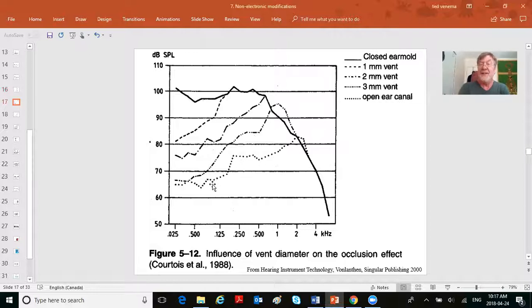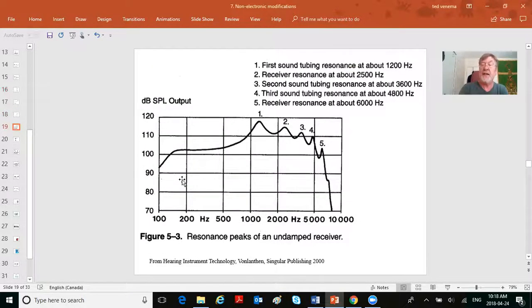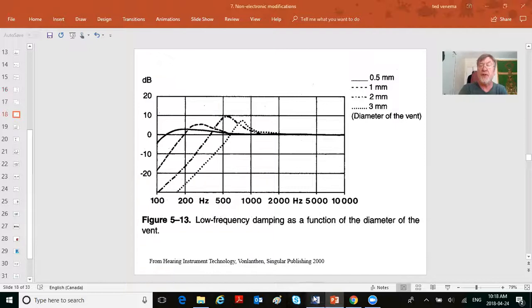This shows you again the influence of vent diameter on the occlusion effect, in terms of gain or dB. Same idea though. Low frequency damping, or you're getting rid of the lows, as a function of the diameter of the vent. The smaller the vent, the less the reduction in the lows. The bigger the diameter, the more the reduction of the lows. Okay, and that's what's most important to realize about vents.